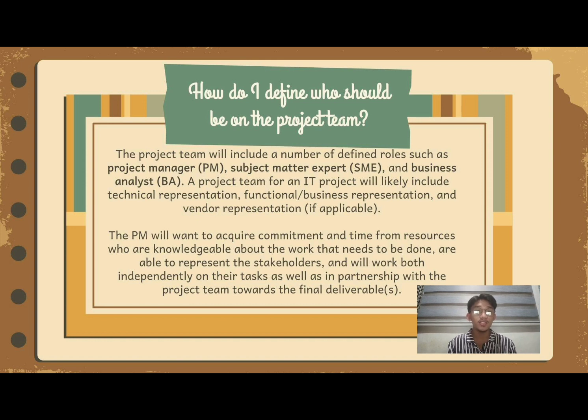In partnership with the sponsor, the PM will negotiate with the functional managers for their resources' time on the project, targeting the resources who are most qualified for the specific project needs.